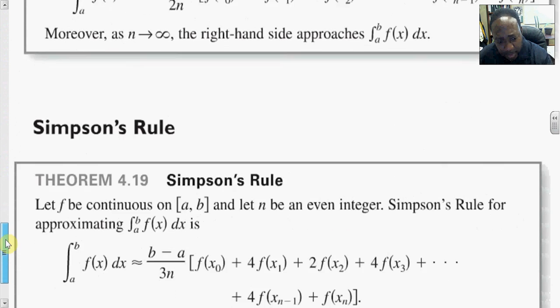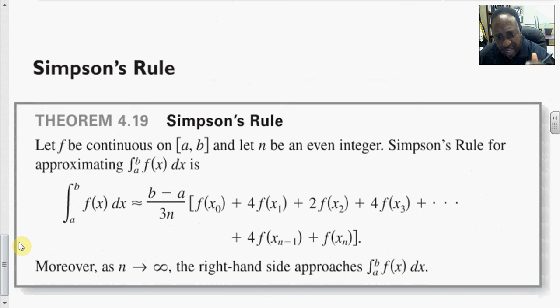Very similarly with the Simpson's rule. Simpson's rule is a refinement of the trapezoidal rule, where in the trapezoidal rule the formula is divided by 2, and here for Simpson's rule it is divided by 3.